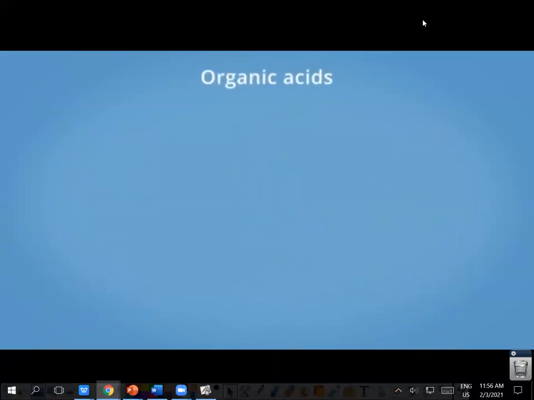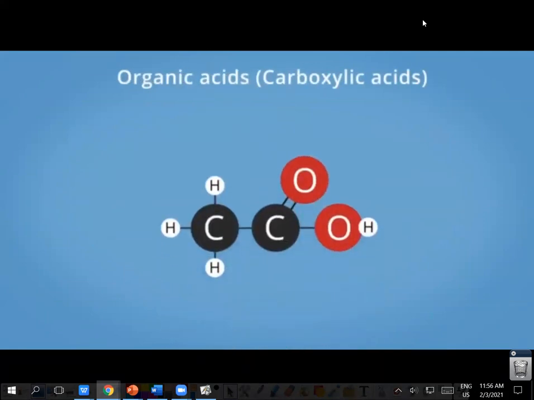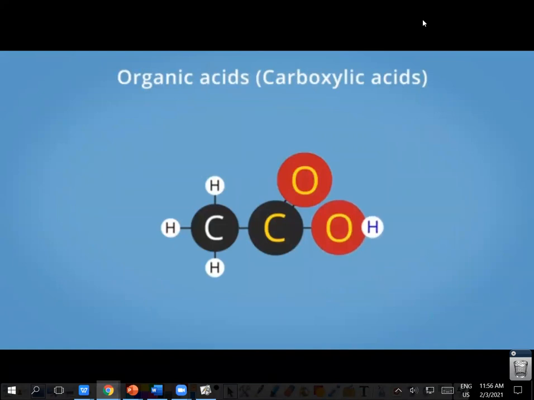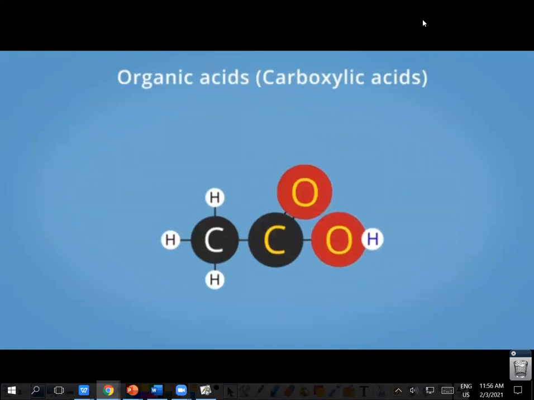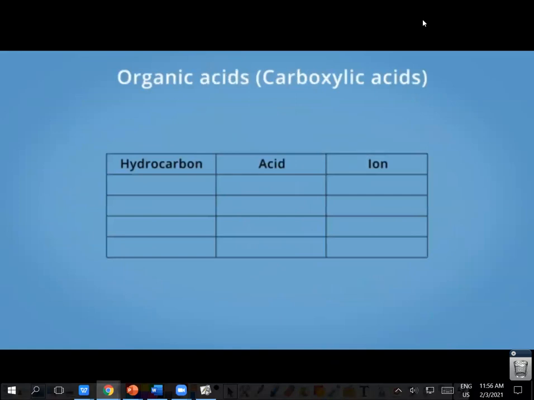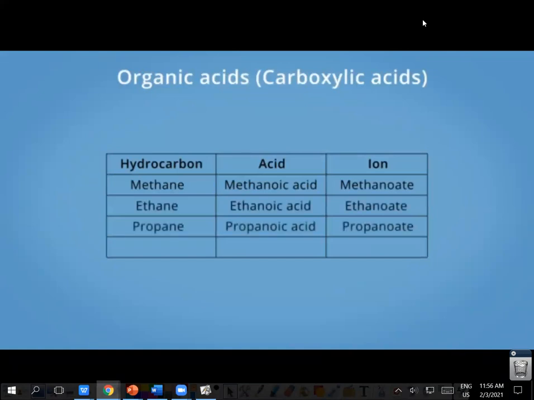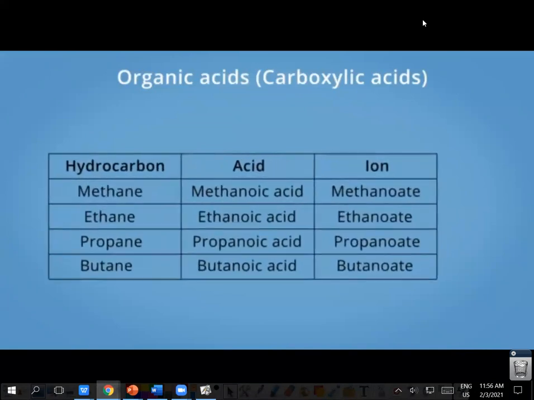To summarize, organic acids are common in nature. Organic acids are also known as carboxylic acids. They form from the COOH group of atoms, the carboxyl group. Their names show which hydrocarbon they are made from: methanoic, ethanoic, propanoic, butanoic, and so on.